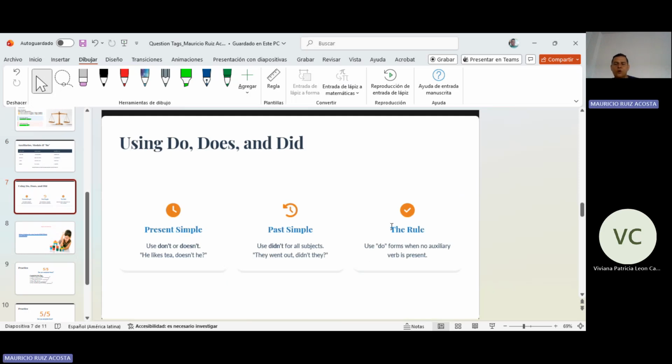And when we use do, does, and did, for example in the first one, we use don't or doesn't. He likes tea, doesn't he?